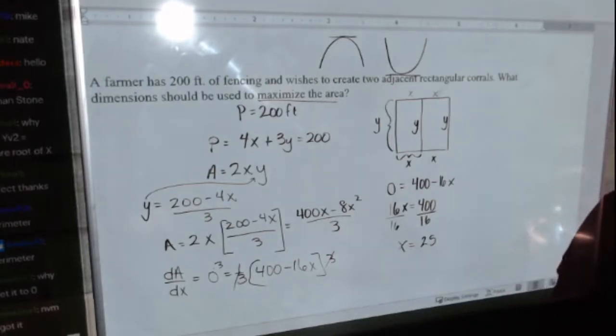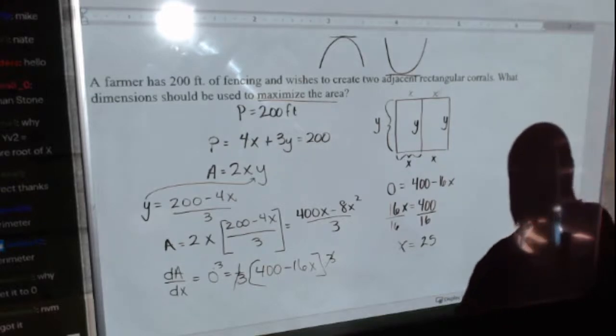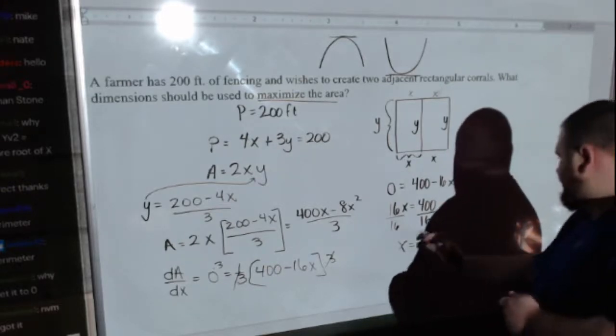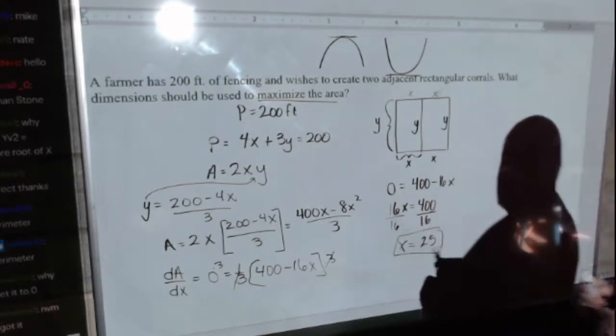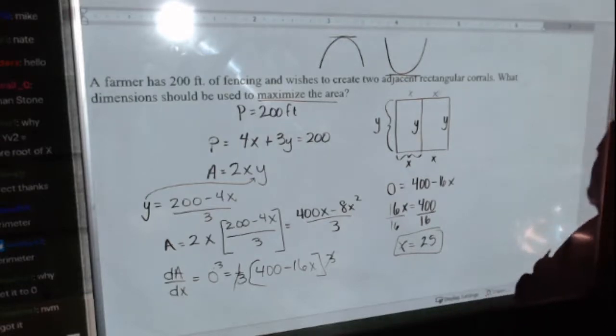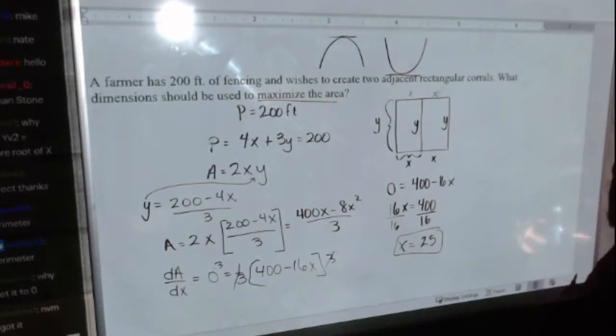Let me check myself on that math. My brain's working this morning, guys. 25 it is. So that's the value of x.